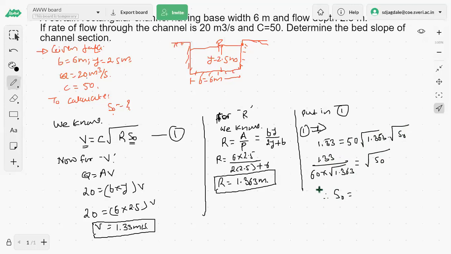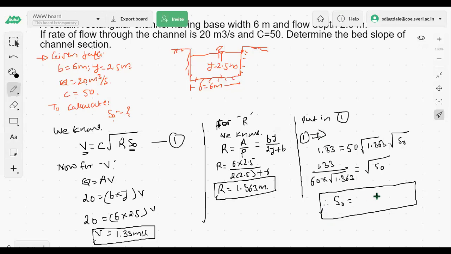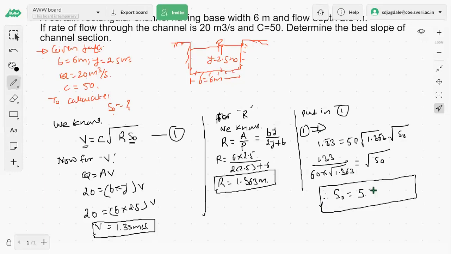Therefore, S naught, that is the channel bed slope to accommodate this flow, is equal to how much? 5.23 into 10 raised to minus 4? 5.19 into 10 raised to minus 4 is the answer. 5.19 into 10 raised to minus 4.